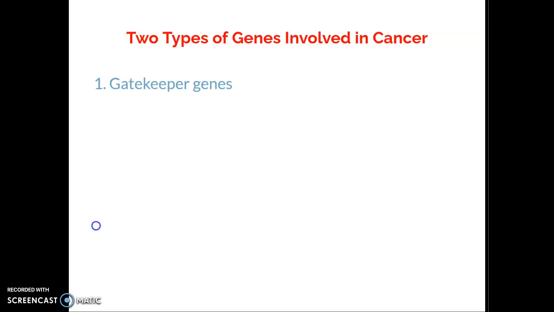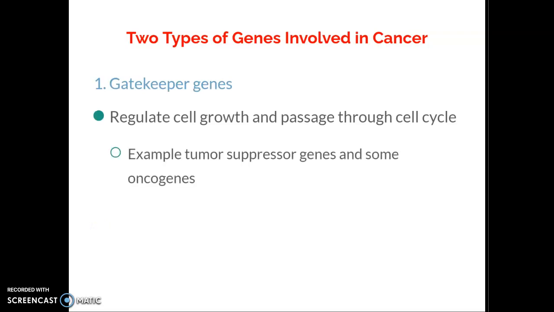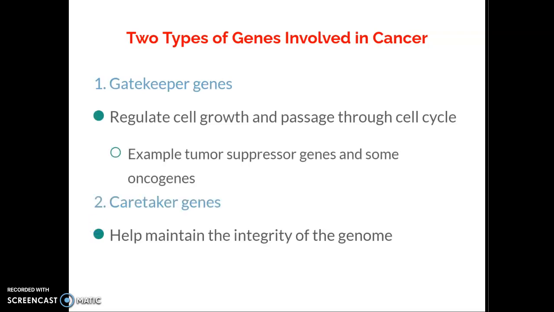Now, there are two types of genes involved with cancer control: gatekeepers and caretakers. Gatekeepers suppress tumors from growing and silence some of those oncogenes. So it regulates the cell growth cycle and passage through the cell cycle.